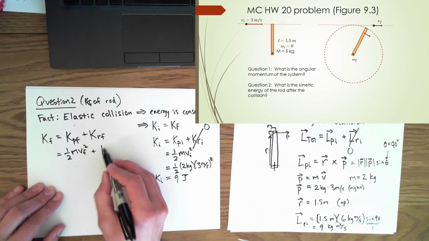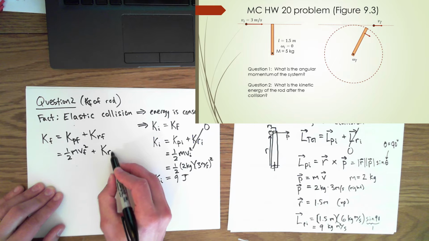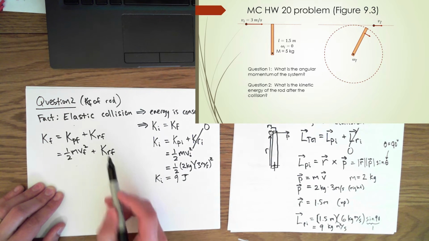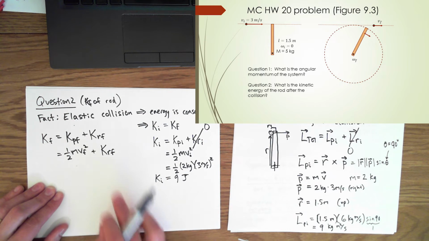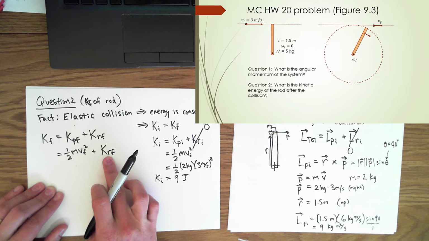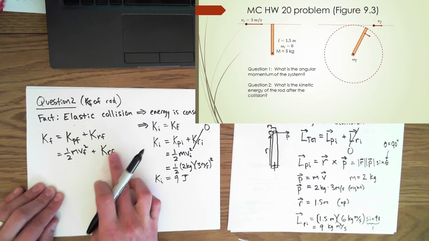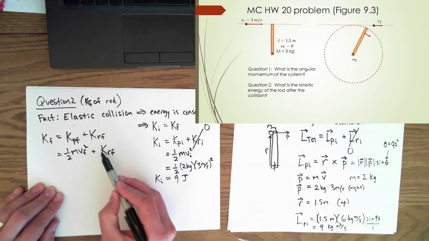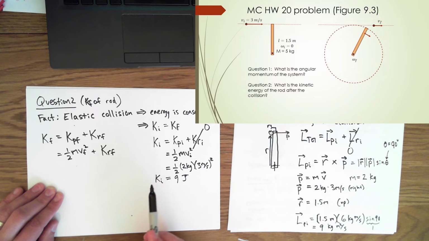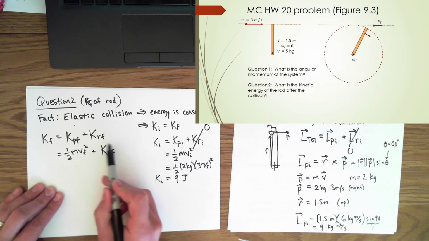For now, I'm going to leave this alone. I'm not going to write an expression for K final for the rod. You could do it. It's not impossible, but it is tricky. It involves the rotational kinetic energy and the translational kinetic energy, so it's difficult to write down an expression that's correct for this.